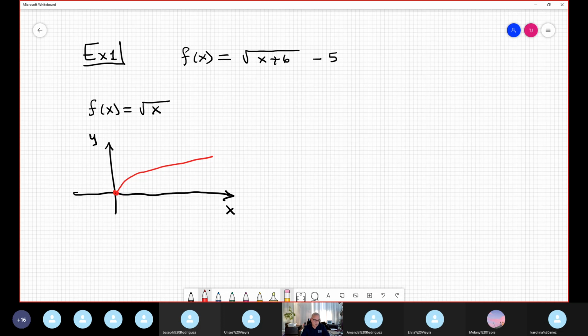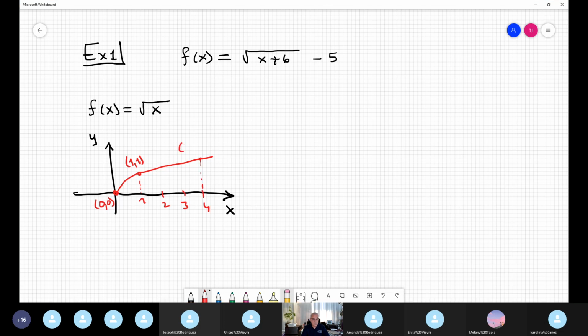The most important points, at least 3 points: 0, 0, because the square root of 0 is 0; 1, 1, because the square root of 1 is 1; and 4, 2, because the square root of 4 is 2.